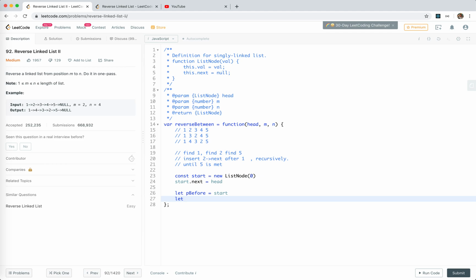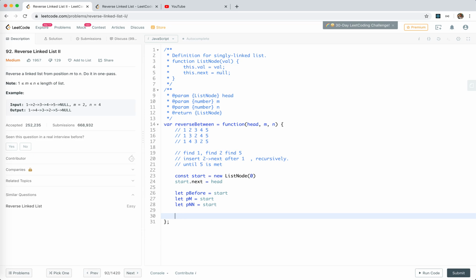Let pm equals head. Let pn equals start.